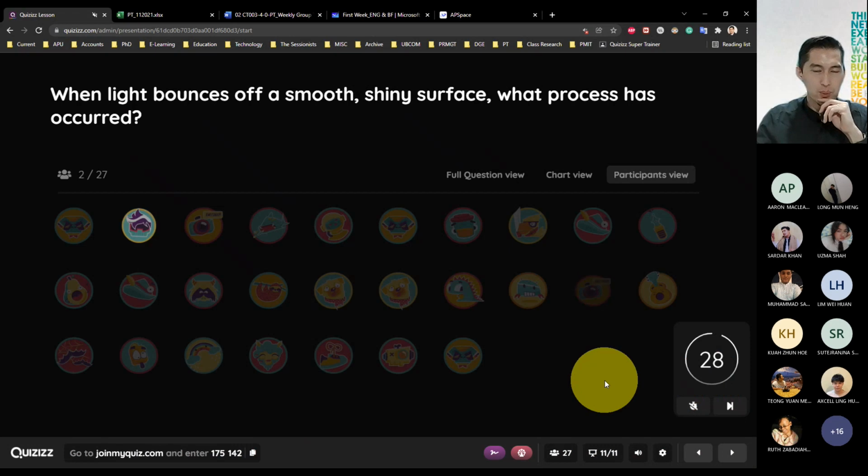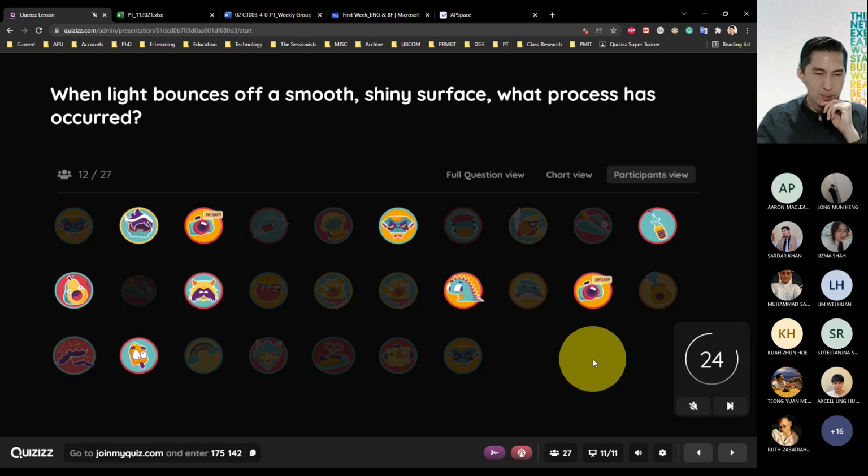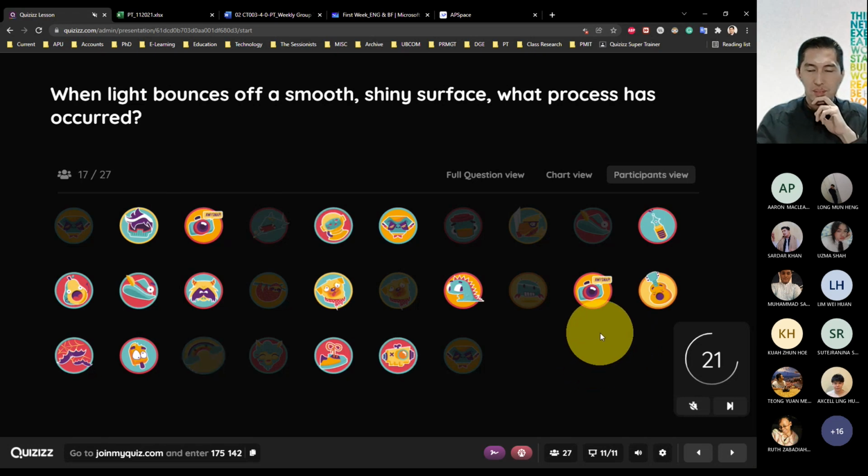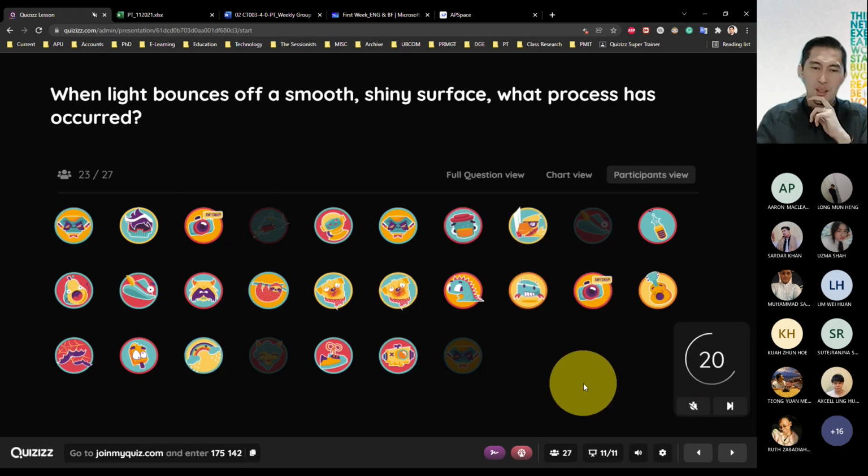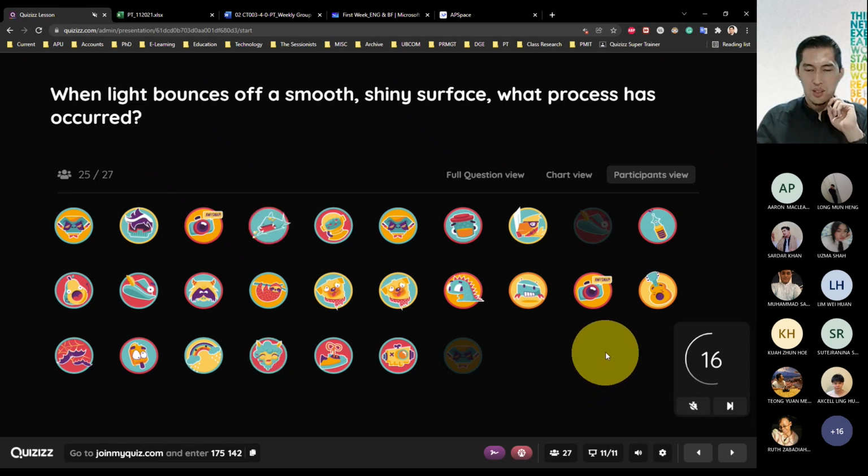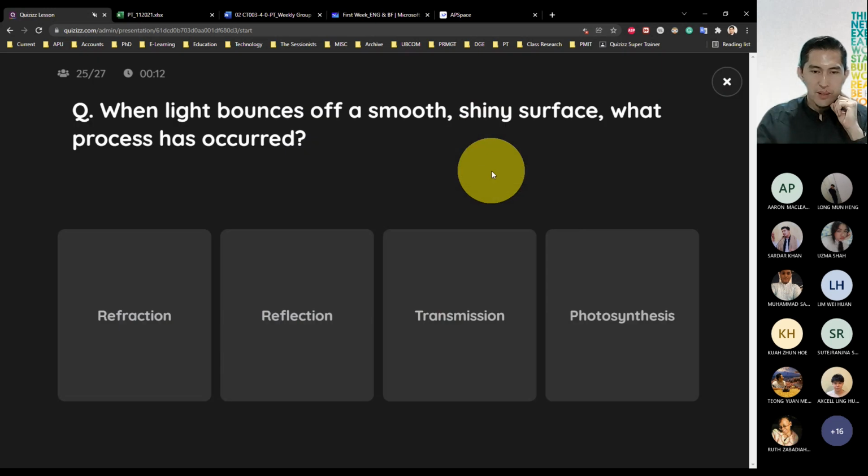When light bounces off a smooth, shiny surface, what process has occurred? So I think this is also, again, a bit of general knowledge in relation to resources and energy. Refraction, reflection, transmission, photosynthesis.